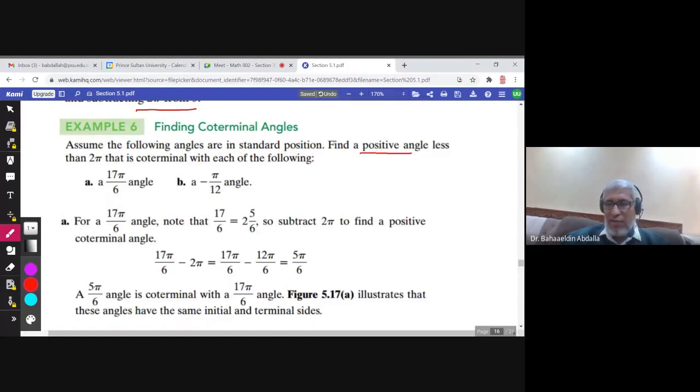Again, he is asking for a positive angle less than, this time he said 2 pi, so it's in radian. 2 pi equals 360 degrees. That's coterminal. So in the previous example, we added 360 or subtracted 360. Here you add 2 pi or subtract 2 pi.